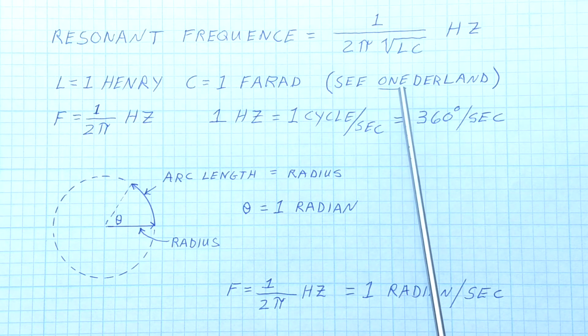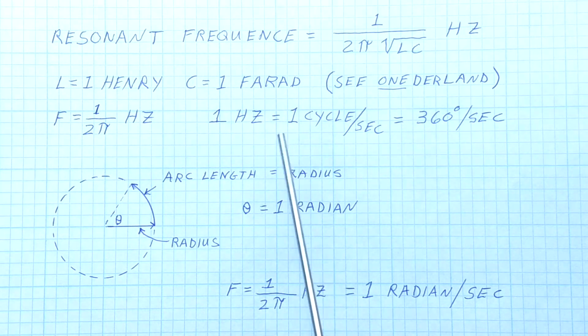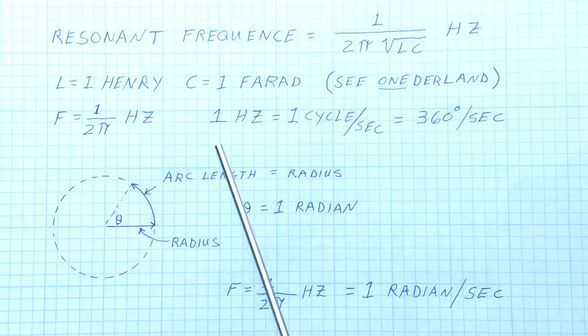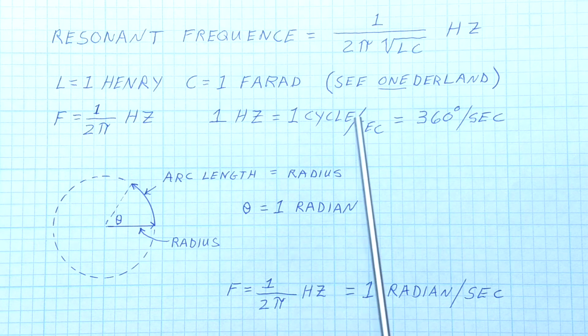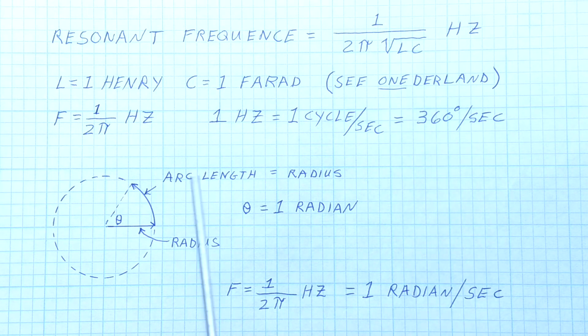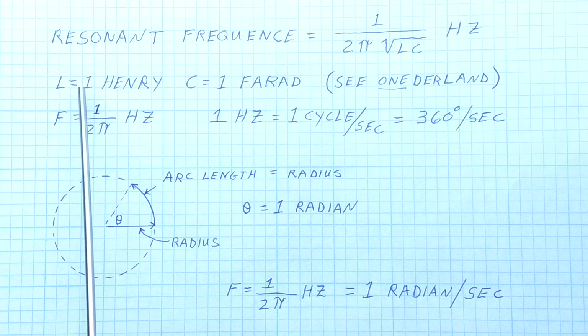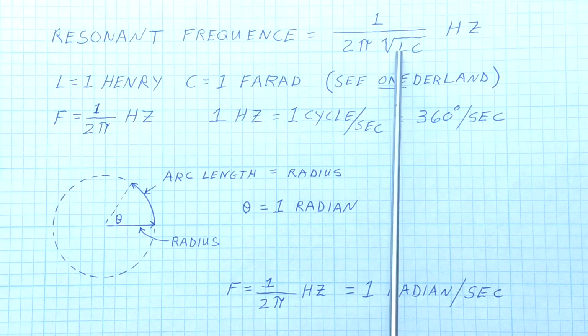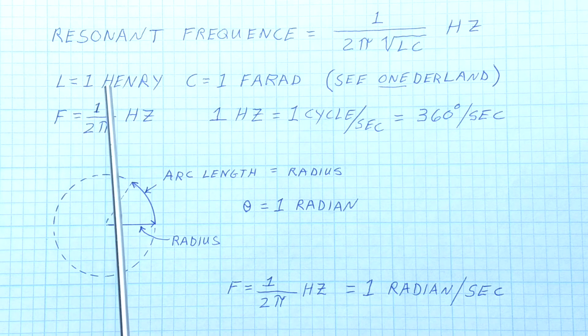And by using one full measure of each unit of every variable, we gain some insight that makes things a little more understandable, I think. Now, if we substitute 1 Henry and 1 farad in here, we end up with a resonant frequency of 1 over 2 pi hertz.